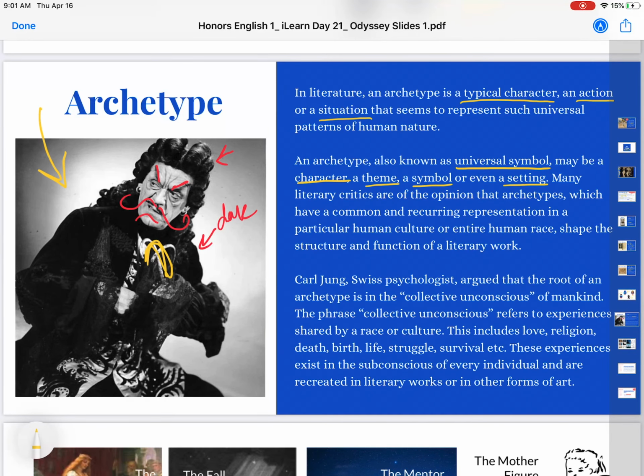I want to go to an ice cream parlor with this guy and just ask him about his day. He looks like a really swell fella. You're probably going to be like, oh, he has a hook for a hand, and his eyebrows are menacing, and he's scowling, and his clothes are very dark and elaborate. He probably is not a very good guy. He looks like a bad guy, right? Well, he's a villain archetype. You can look at him and know he's a villain.